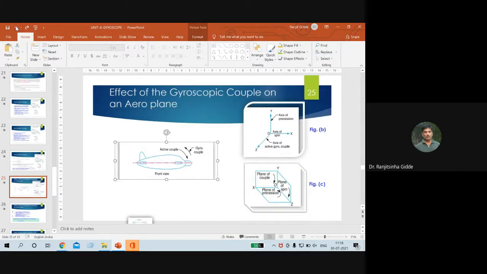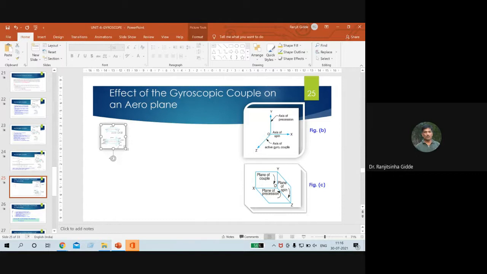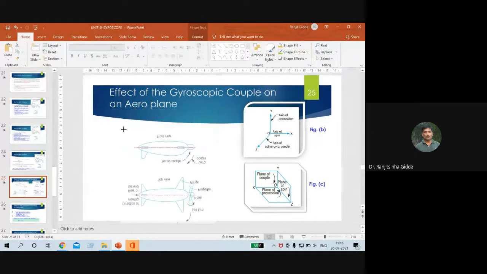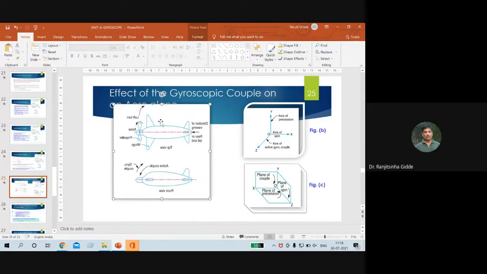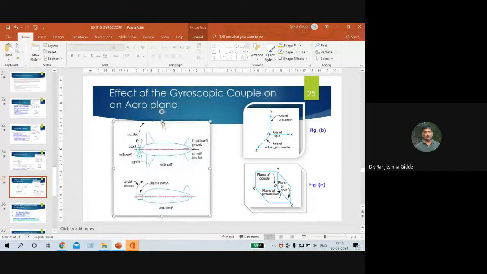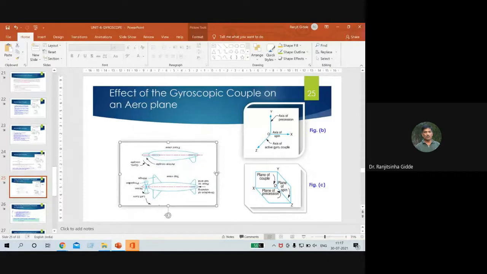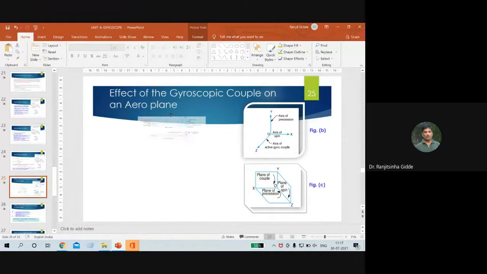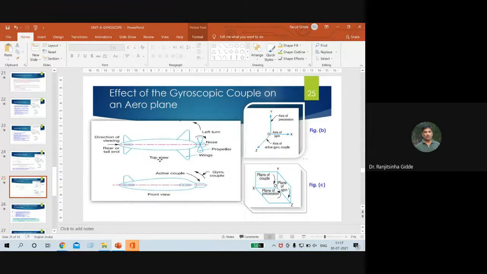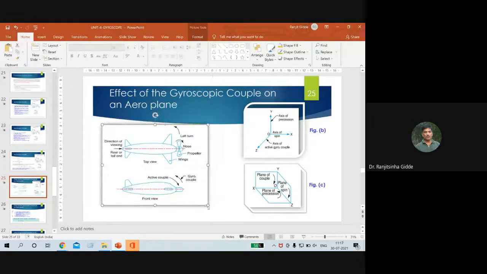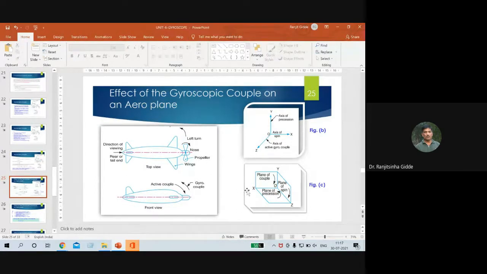So this is about the planes: plane of spin, plane of precession, and plane of couple.